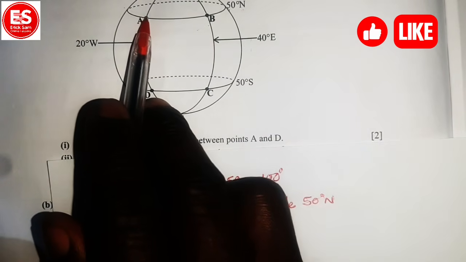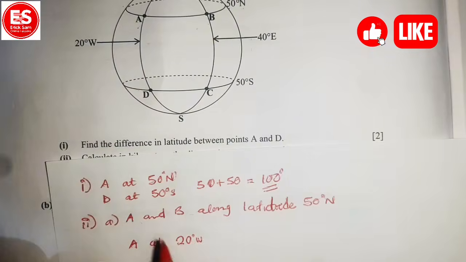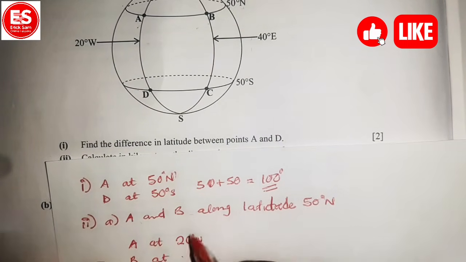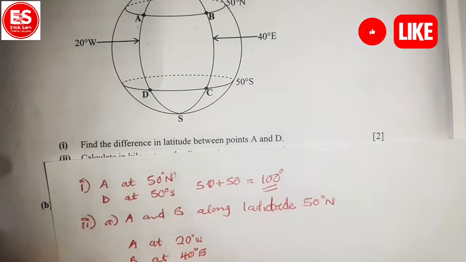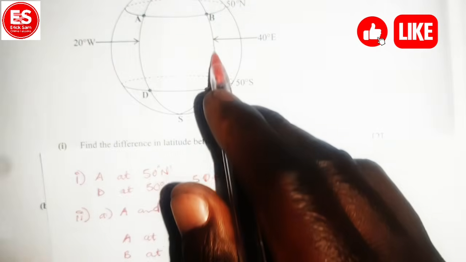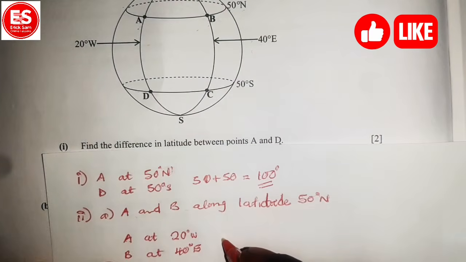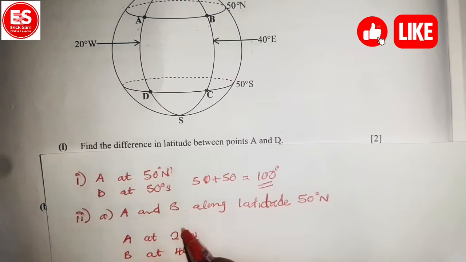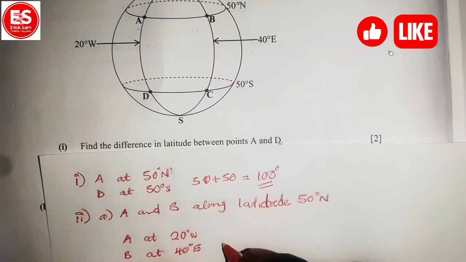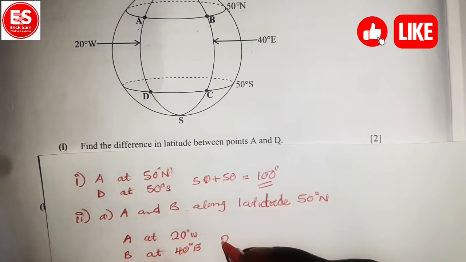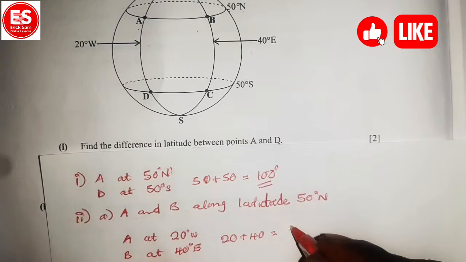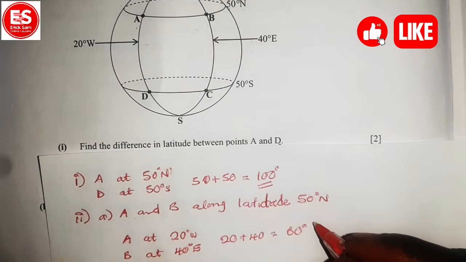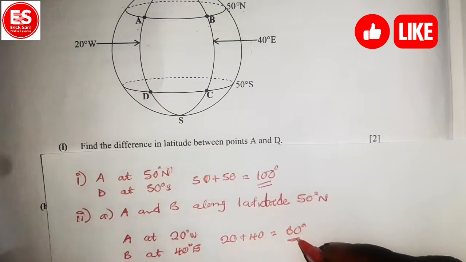Then B is at 40 degrees east in terms of longitude. Now we are going to find the difference between these points in terms of longitude. They are on different sides, so we add 20 plus 40, which is equal to 60 degrees difference in longitude.